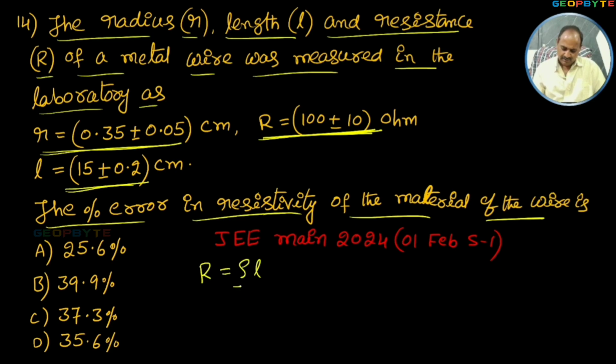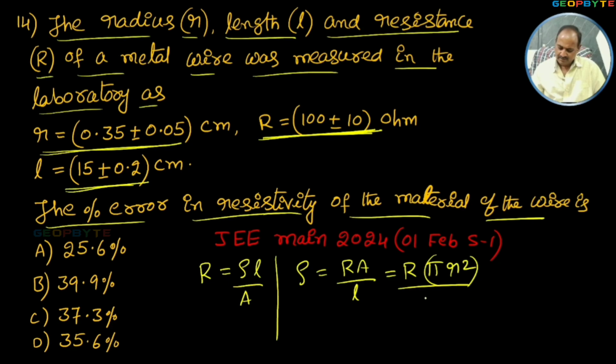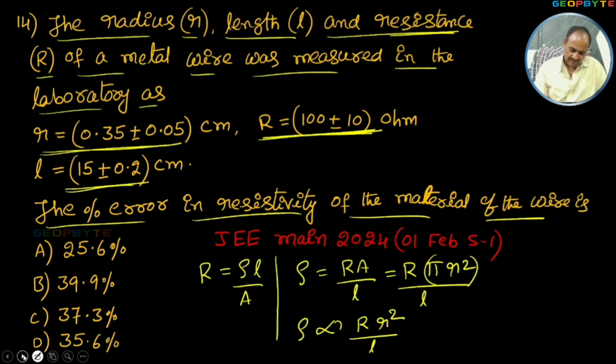You know, the resistance R equals rho L by A. From this, rho equals R A by L. Here A I can write as pi r square, divided by L. So resistivity rho is proportional to capital R, that is resistance, times the square of the radius of the wire, divided by L. So let us take another slide.